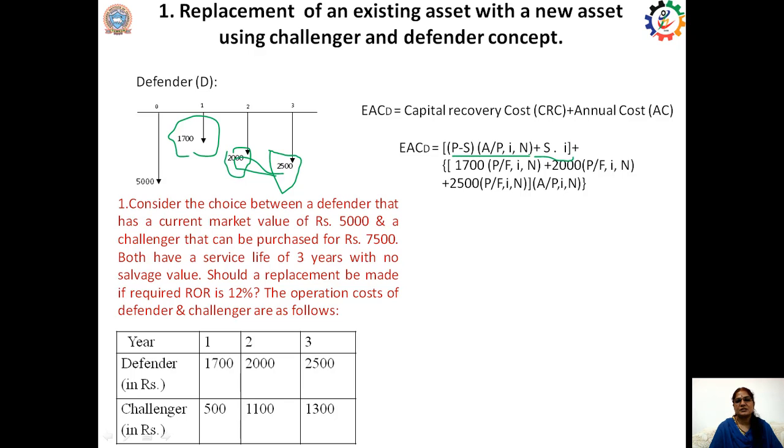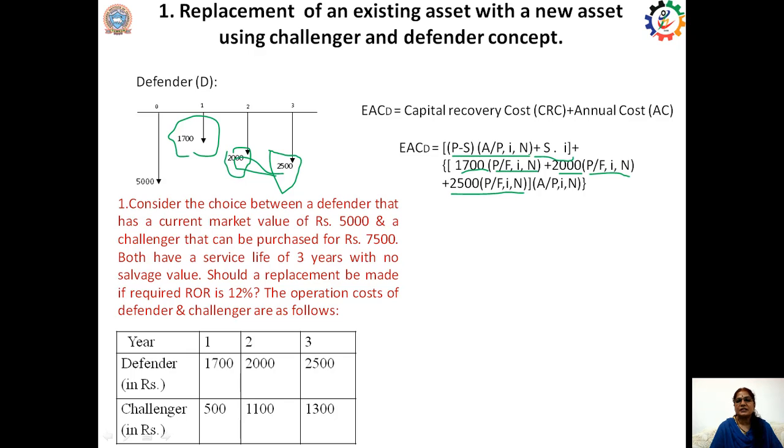So 1700, and the factor used is P given F, which converts future value into present. But what is the n value to be taken here? We'll see in the next step. Next cost is 2000, convert that into P using the P given F factor. Similarly 2500.